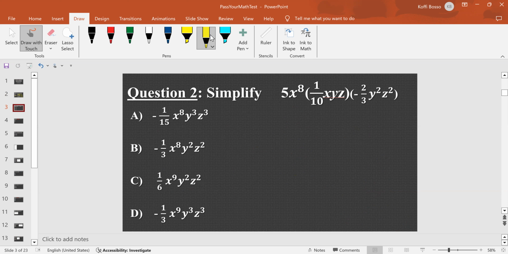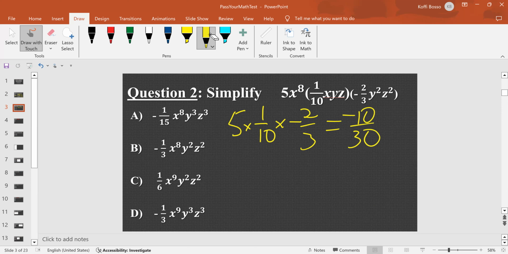We'll multiply numbers together and the same variables together. Therefore, we have 5 multiplied by 1 over 10 multiplied by negative 2 over 3, and we're going to get negative 10 over 30. Understand that the 5 here is like 5 over 1.